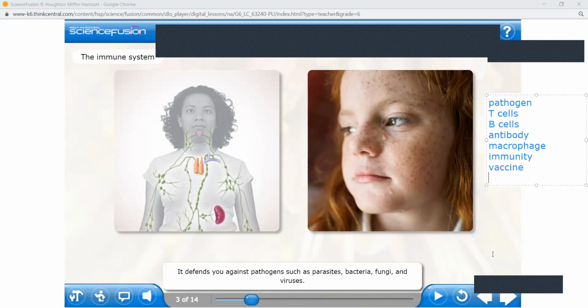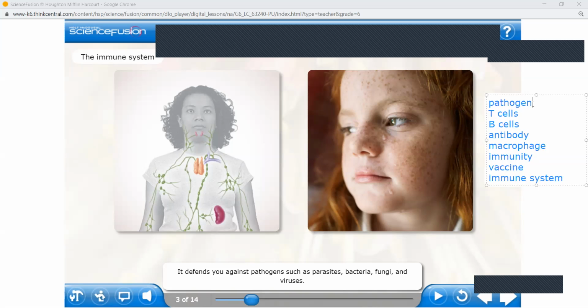Immune system, okay. So these are pathogen, T cells, B cells, antibody, macrophage, immunity, vaccine, and immune system.